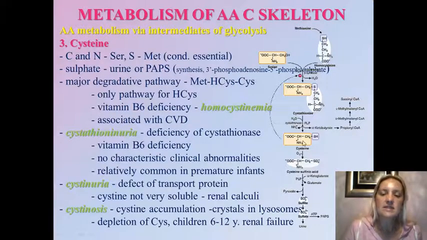So cysteine is synthesized upon the reaction of serine with homocysteine, which is derived from methionine, in the reaction which is catalyzed by cystathionine beta synthase.